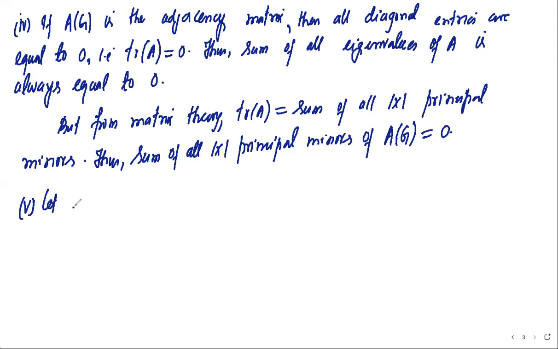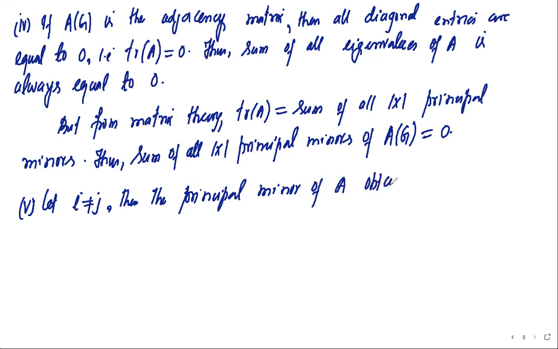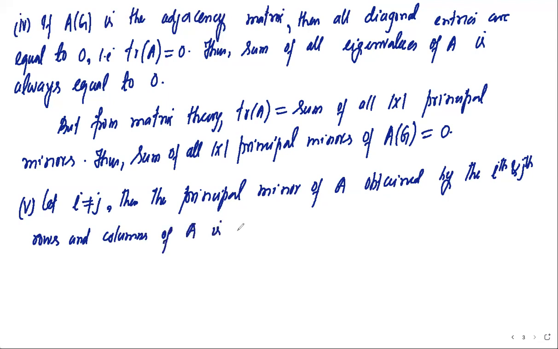Now let i not be equal to j. Then the principal minor of A obtained by the ith and jth rows and columns of A has one of two shapes.